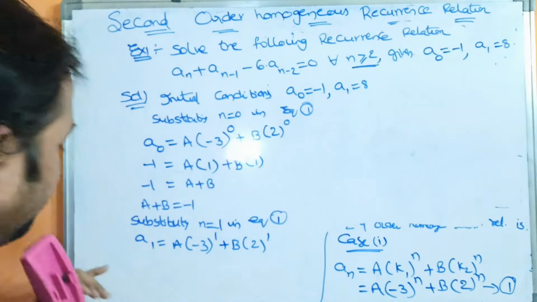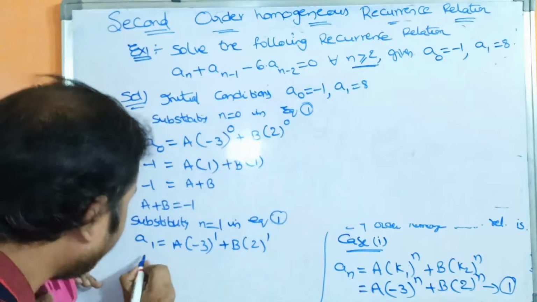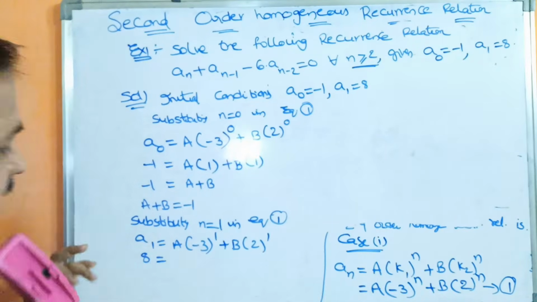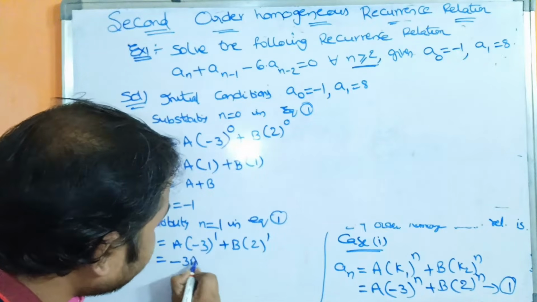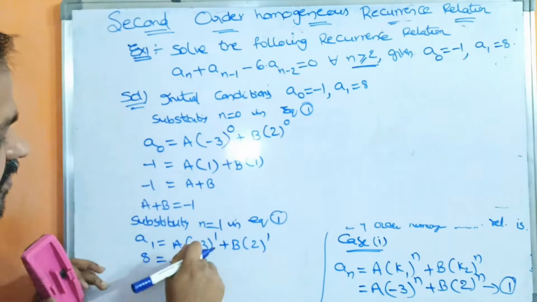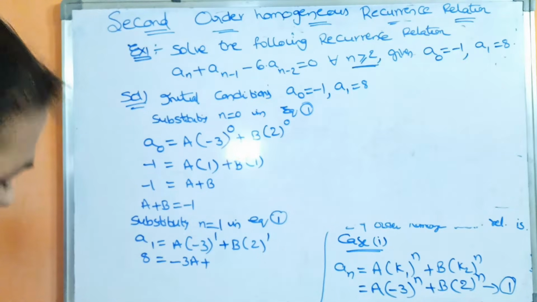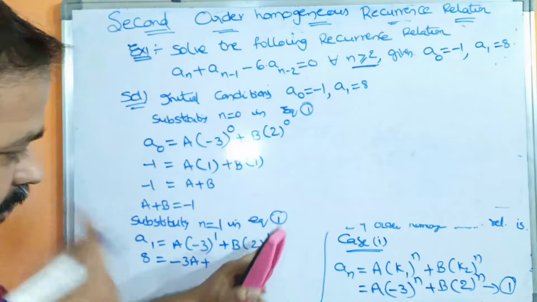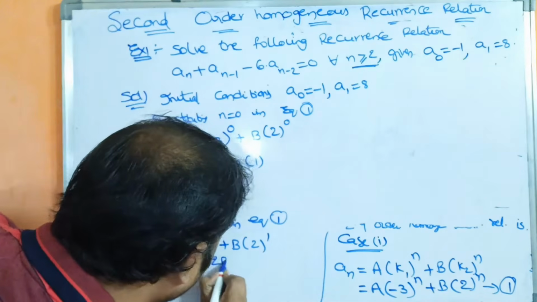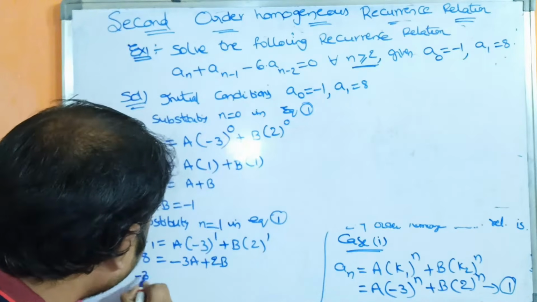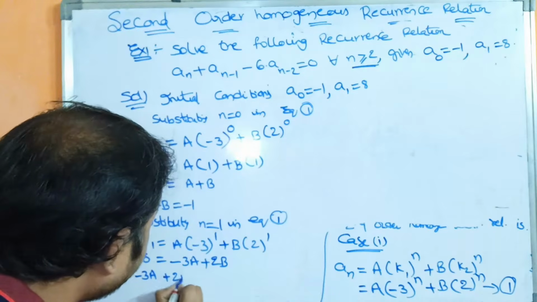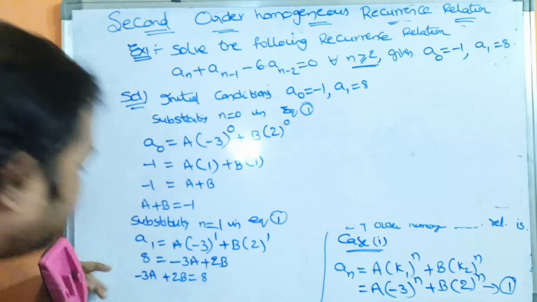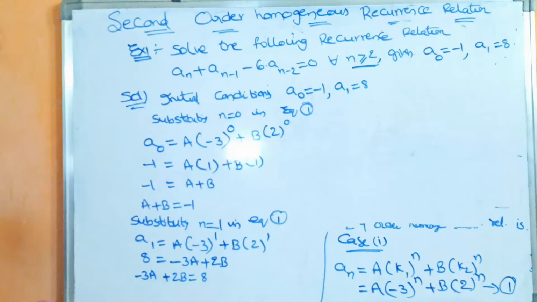What is a1 value? 8. So 8 is equal to a into minus 3 means minus 3a plus b into 2 power 1. Why? Because minus 3 power 1 is equal to minus 3 and 2 power 1 is equal to 2. So that is equal to 2b. So we can write this equation as minus 3a plus 2b is equal to 8.